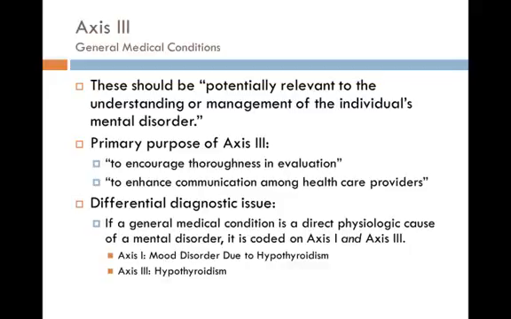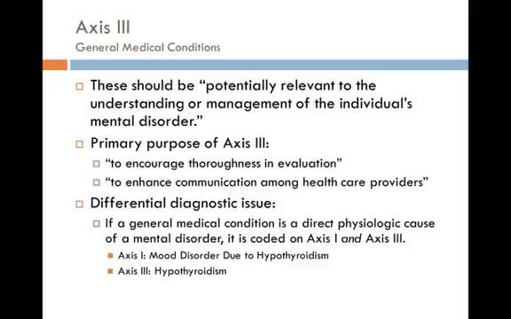And also with Axis 3, you would indicate what the medical condition is. So then it would have hypothyroidism listed under Axis 3, as well as some of the manifestations as it pertains to Axis 1.